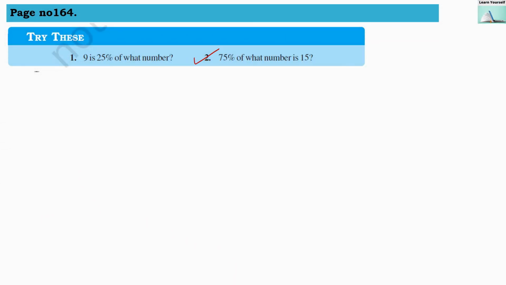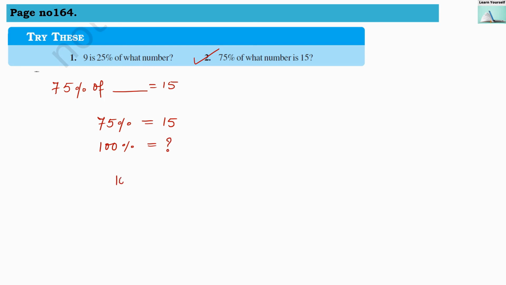Second numerical, 75% of what number is equal to 15? So let us first do it via the unitary method. So 75% is number 15. Then what will be the 100% quantity of the same number?